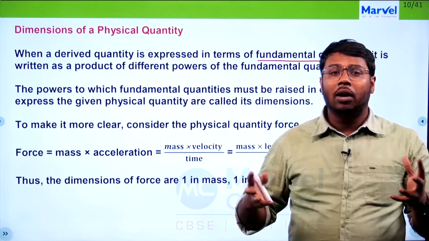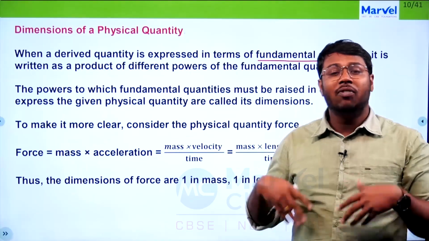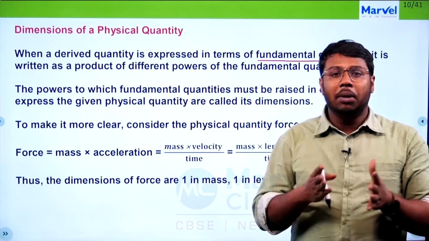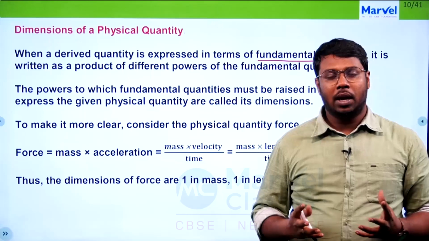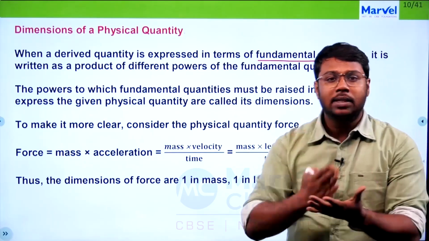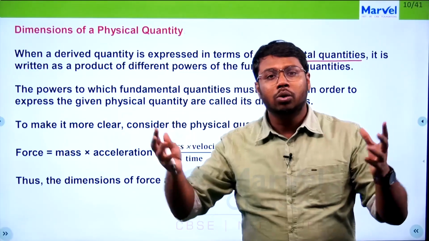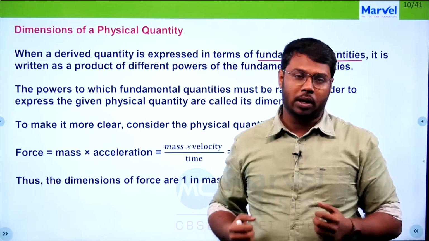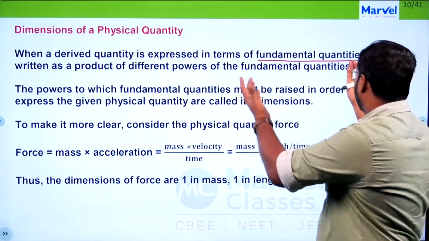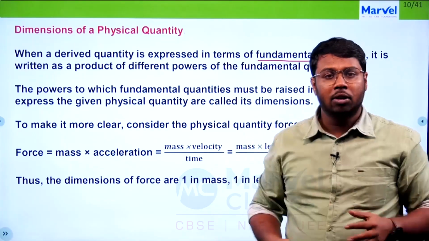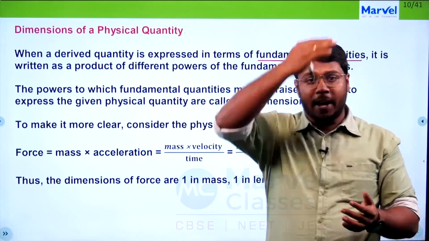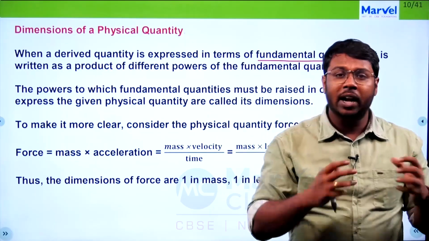These are the different quantities that we derive or sometimes postulate. They can be broken down using the basic fundamental quantities, which are mass, time and length. Using those quantities, I can break down our derived quantities.